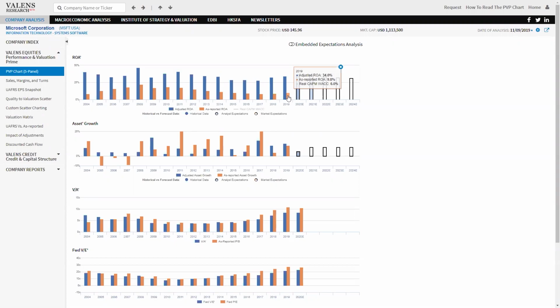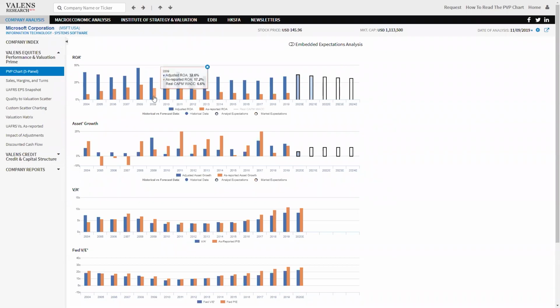If you were looking at as reported metrics, you would think that Microsoft had ROAs that were 3 times lower than they really are, 75% lower. Another issue is that if you look at as reported metrics, you would think that since 2009, ROAs for Microsoft have fallen from 18% to 10%, that they've been basically cut in half.